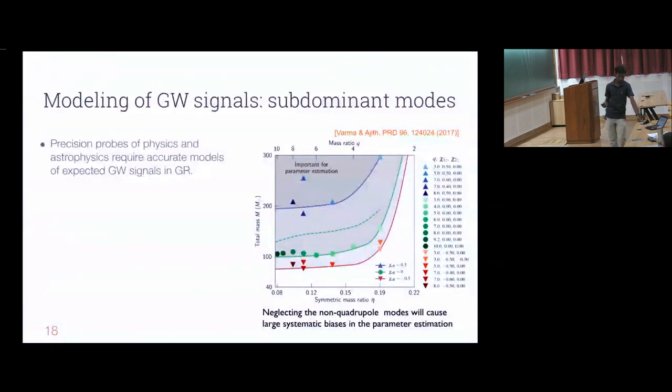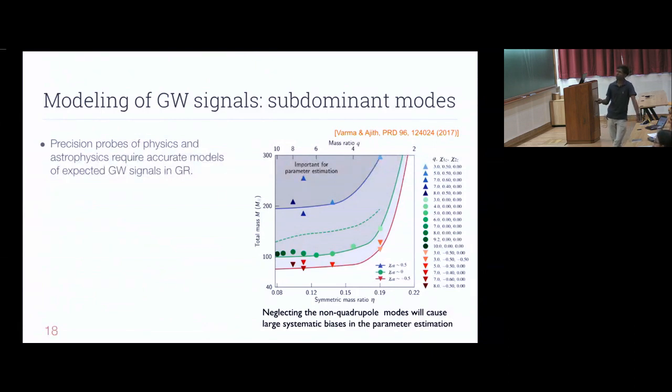As I have mentioned, the method we are using for searching and doing parameter estimation of gravitational waves is a kind of phase matching technique. We have a template, and we check the matching of this template with the data. So accurate phase modeling of these gravitational wave templates is essential to estimate the parameters accurately.